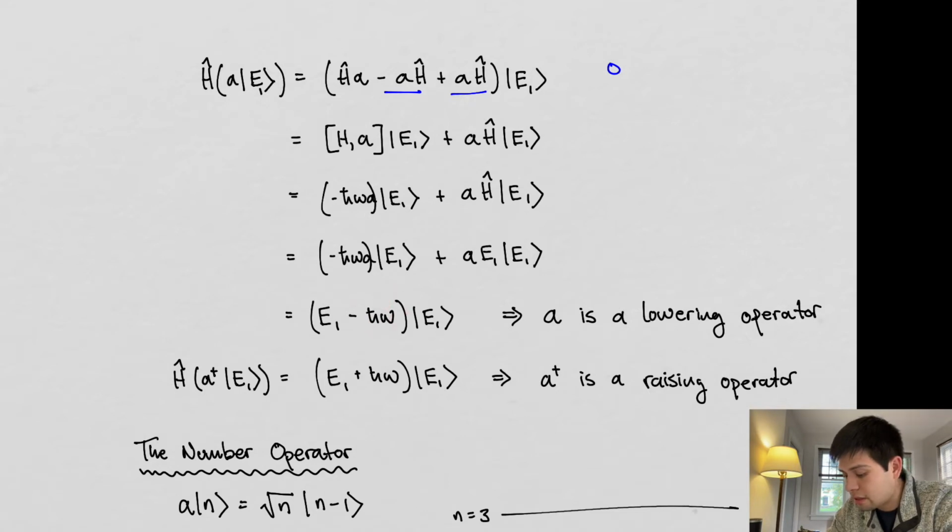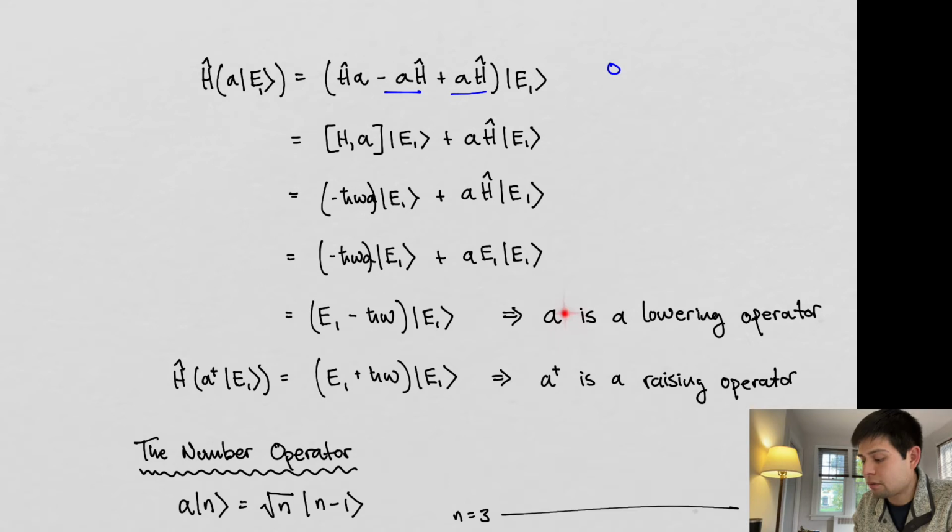This is the frequency that's associated with our energy. So what this means is that when we operate on this state, we get the eigenvalue of that state back minus just a little bit. So that's something lower than E1, E0, say.